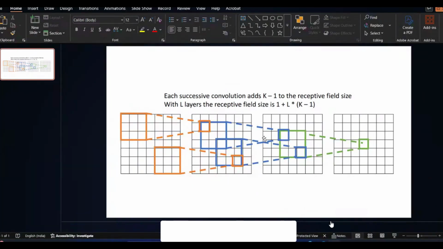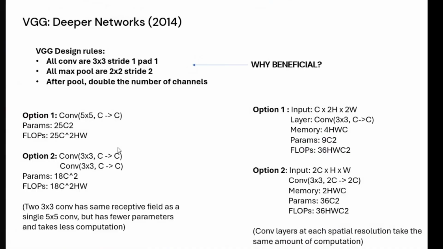So basically, the receptive field for this cell is 3x3 for the last layer, and for the initial layer it is 7x7. We can say that this cell summarizes the whole 7x7 input image. So both the options have the same receptive field, but the parameters and flops decrease a lot.